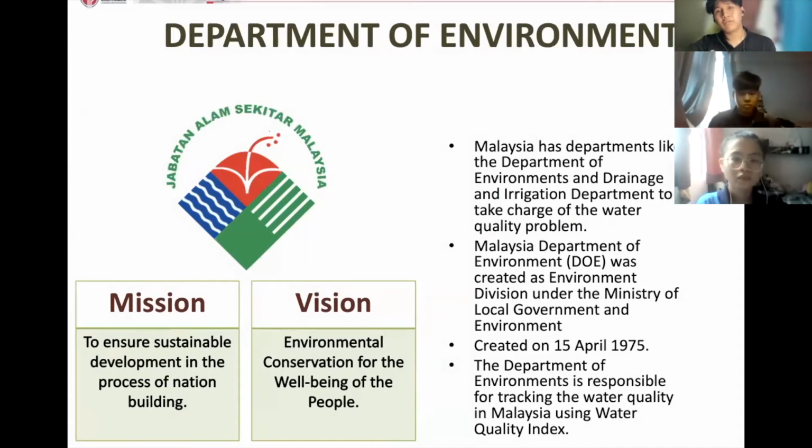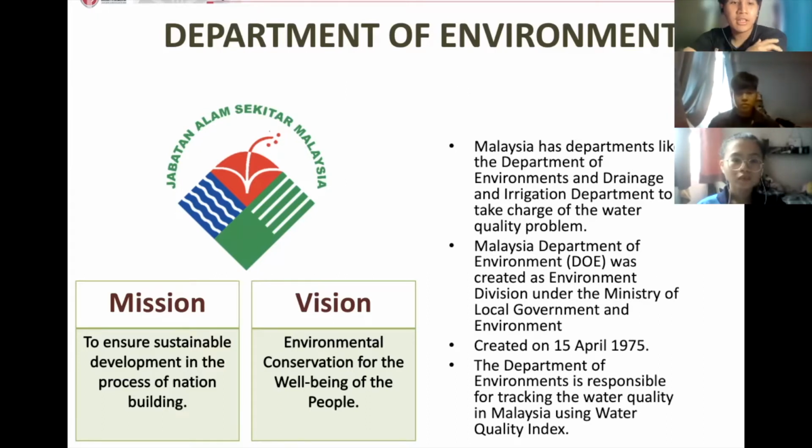Talking about the Department of Environment, it is the one that controls Malaysian water quality. Malaysia has this Department of Environment, and Malaysia also has a Department of Irrigation, which I will talk about in the next slide. The Malaysian Department of Environment was created on 15 April 1975 under the Ministry of Local Government and Environment.